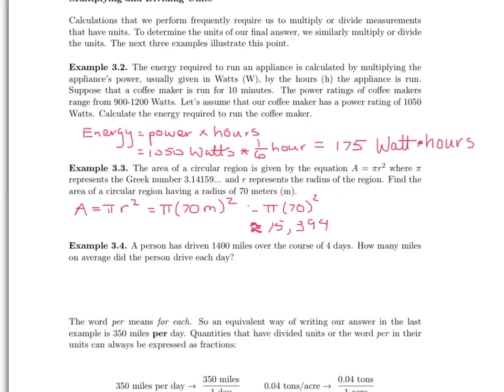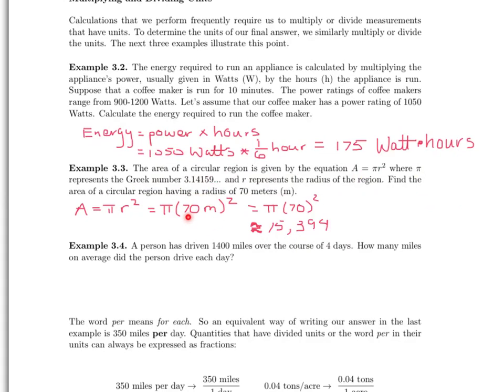15,394. Now the real question here is, what are the units? This is the area. We've calculated the area, but it's 15,394 what? Well, let's go back and see where the units appeared in the calculation. We were squaring 70 meters.